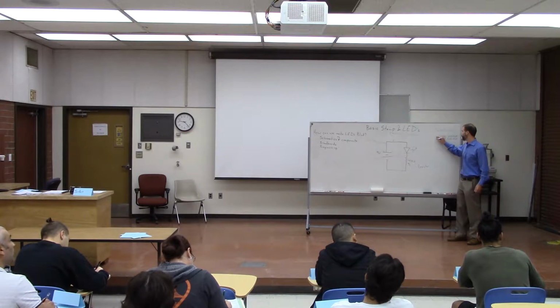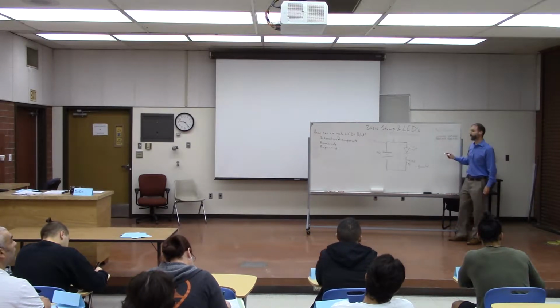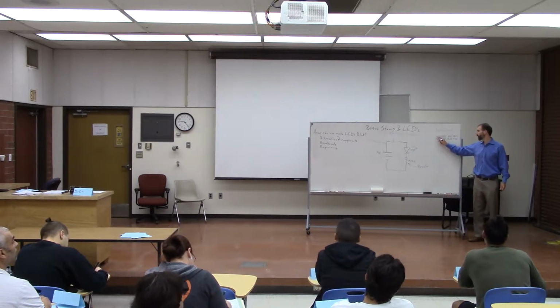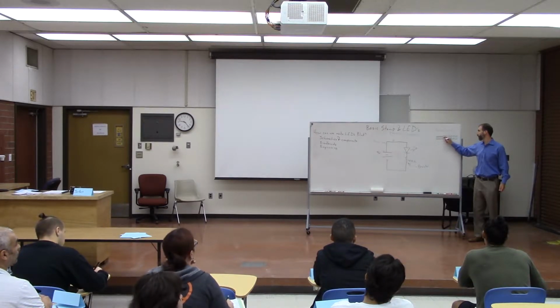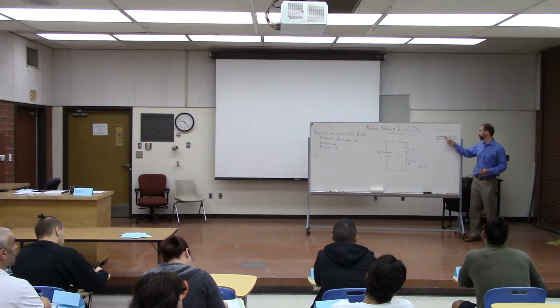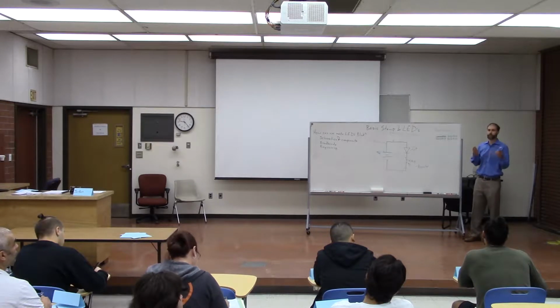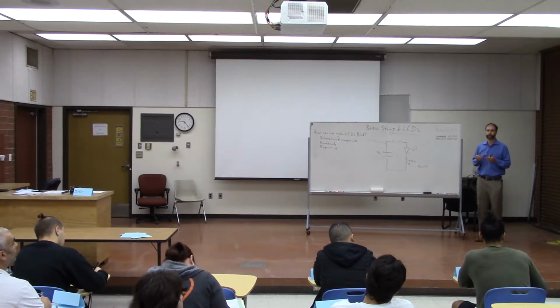So if you plug something into this hole right there, it is electrically connected to every other hole in that row. Okay? So if you plug something in there and then plug something in over here, the two things are electrically connected to each other.